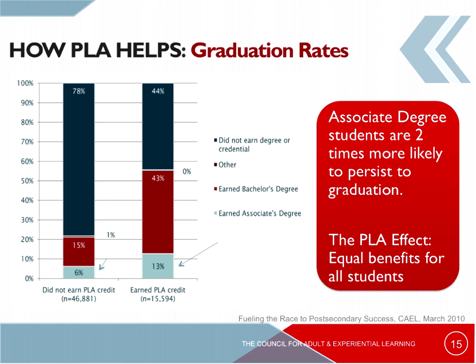So here's a very simple slide that reflects a rather large study. CAEL in 2010 published a report called Fueling the Race to Post-Secondary Success. In that study, 62,475 student records were examined and placed into two categories.